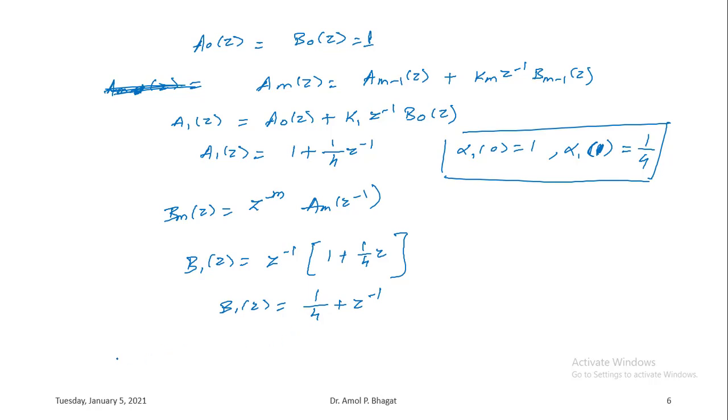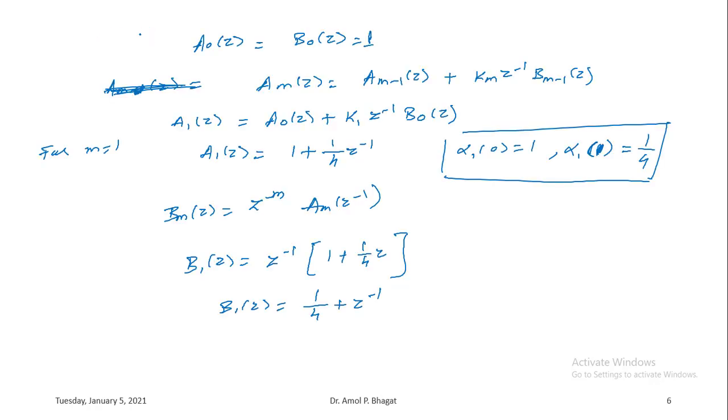Now, we have obtained this for m is equal to 1, right? Similarly for m is equal to 2, you can write this equation as a2 of z is equal to a1 of z plus k2 z inverse b1 of z, right?